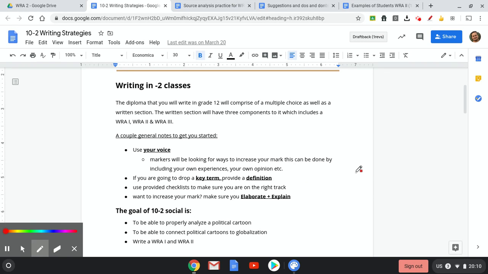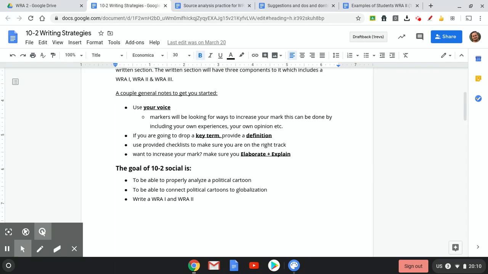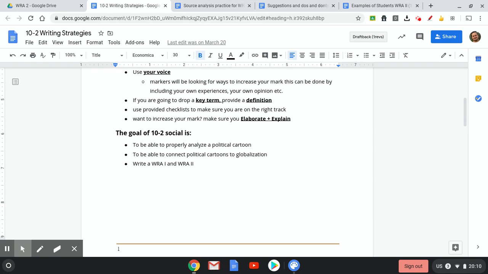So the goal of 10-2 social is to be able to properly analyze a political cartoon, to be able to connect political cartoons to globalization, and then write a WRA1 and WRA2. If you remember the WRA1, it had a little bit different of a format.